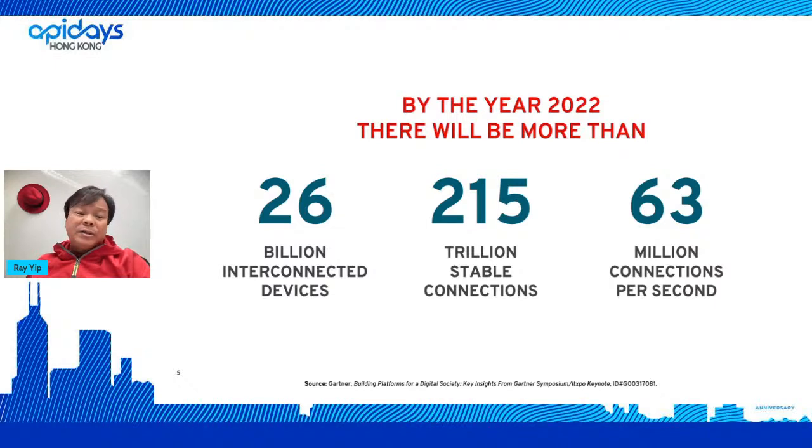You can see some figures, which I think are from two years ago: for example, 26 billion interconnected devices, 215 trillion stable connections, and 63 million connections per second. Such huge figures. But I believe by the year 2022, there will be more.